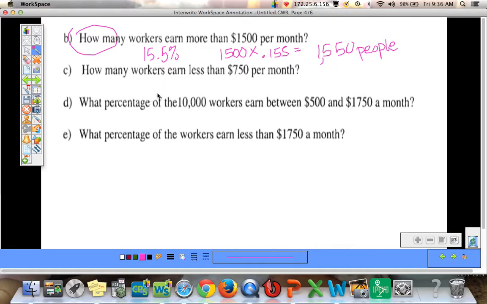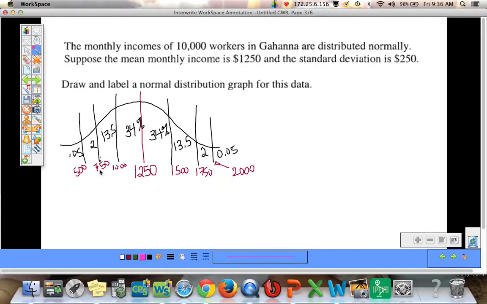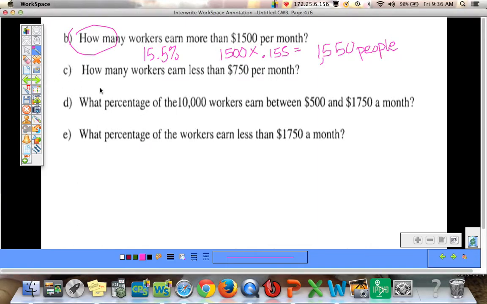How many workers earn less than $750 per month? So let's find the $750. Here it is, 2.05% of the workers. So this would be 2.05%, about 2%.